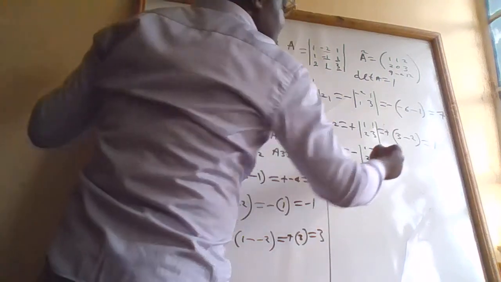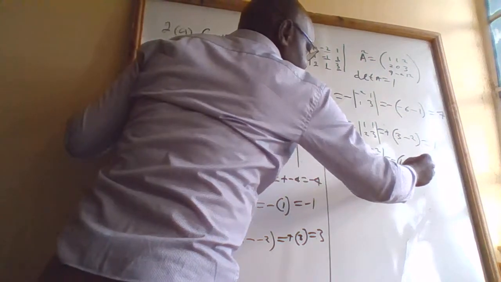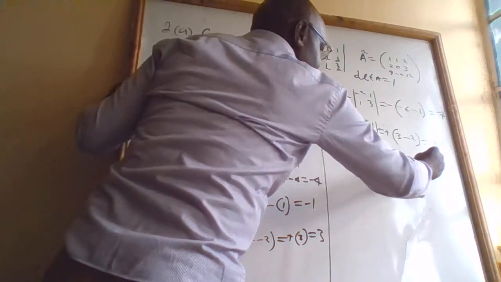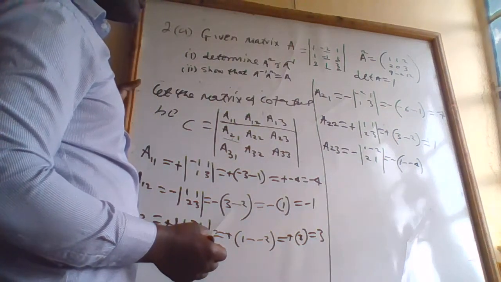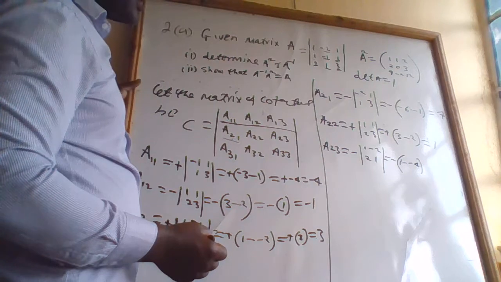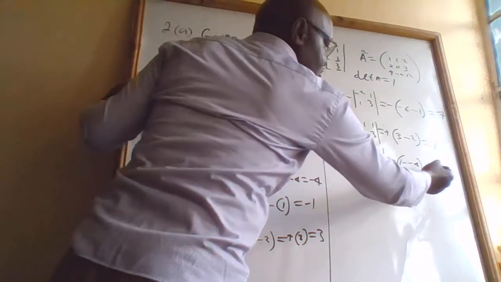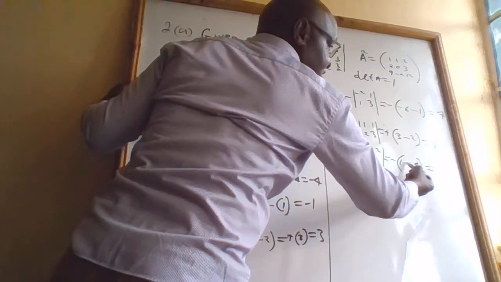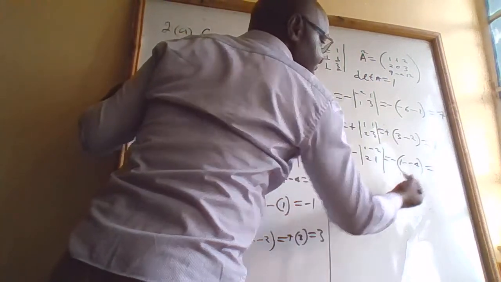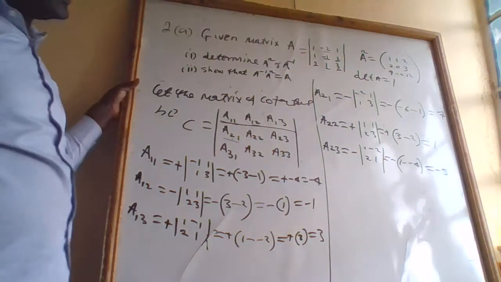So this equals minus into 1 times 1, we have 1, minus negative 2 times negative 1, hmm, which gives 1 plus 4, which is 5, because negative and negative will be positive. Therefore, this equals negative 5 because of the place sign.